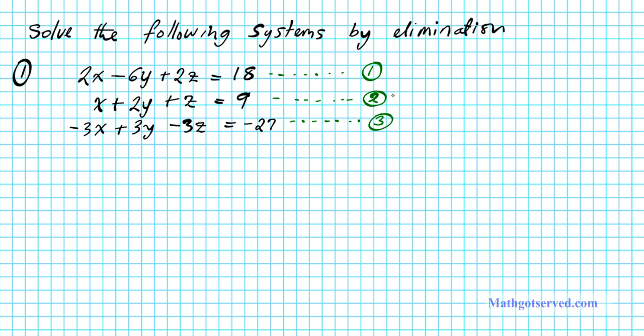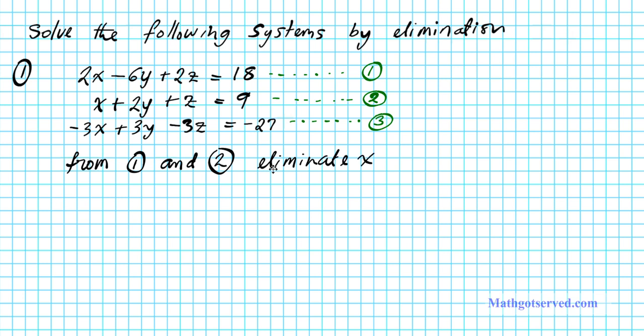So there are 3 possible combinations that you can form here. So just pick any 2 and eliminate x, okay? So how about we start by picking 1 and 2. So from 1 and 2, what we're going to do is eliminate x.